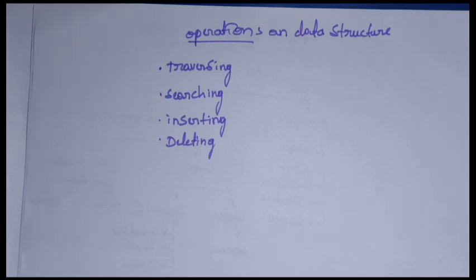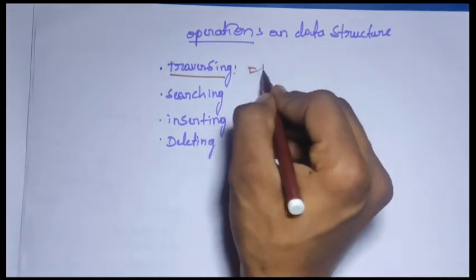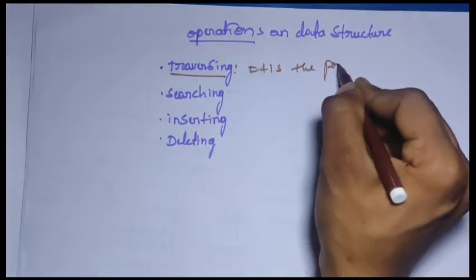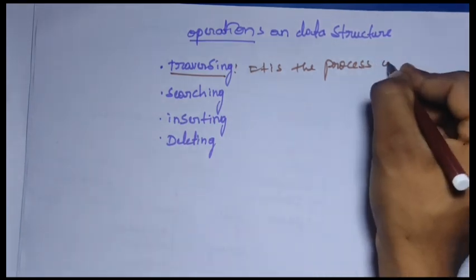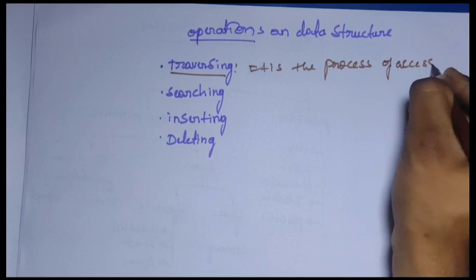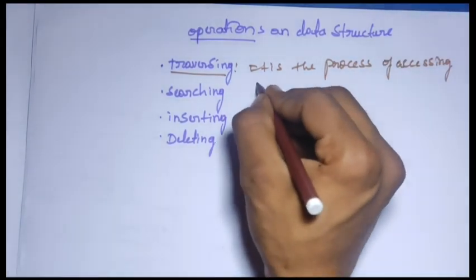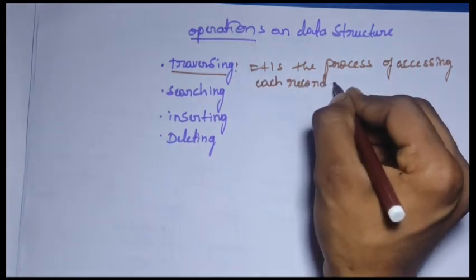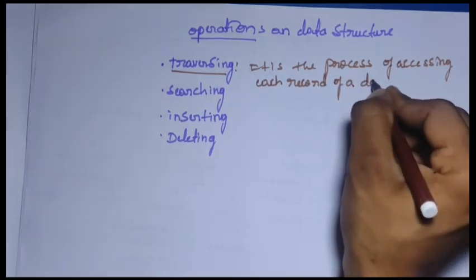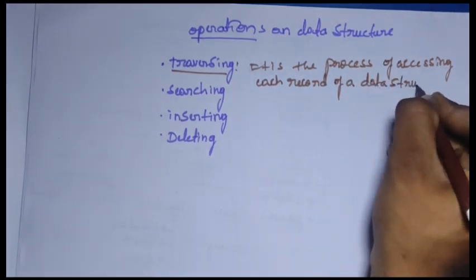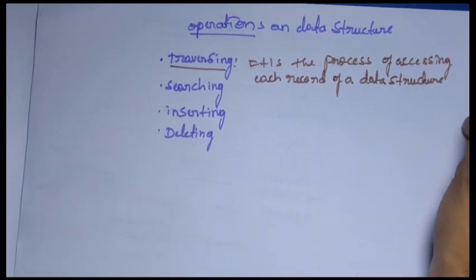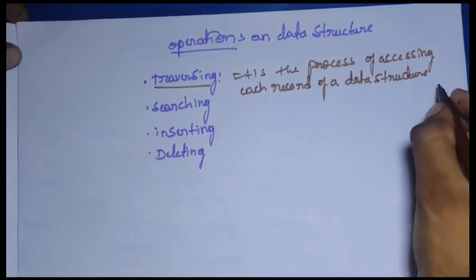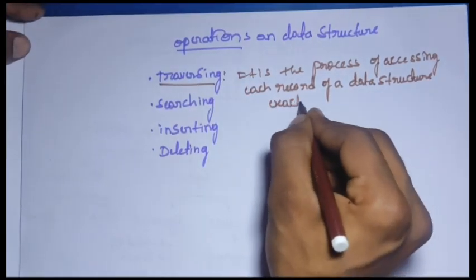Traversing is nothing but the process of accessing each record of a data structure exactly once.